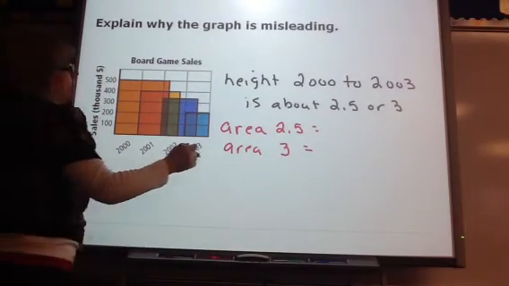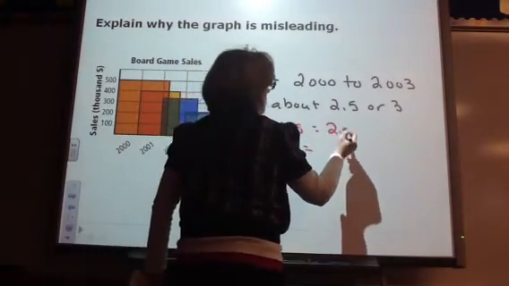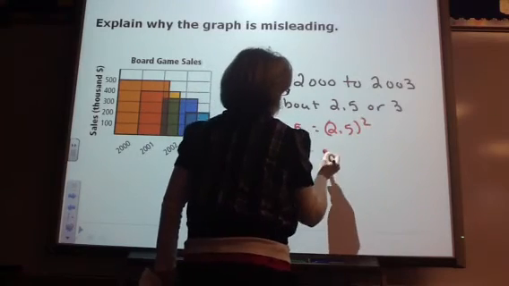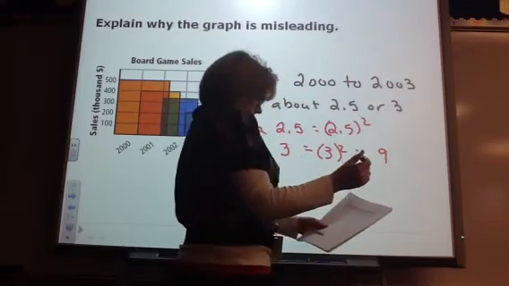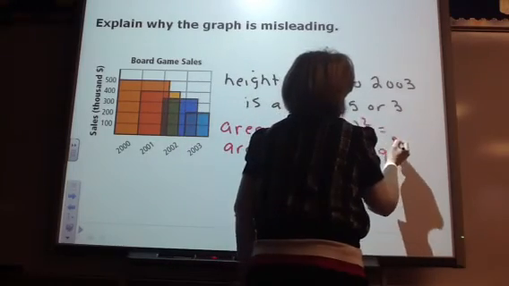So when you take the area of 2.5, you square it. So this is going to be 9, and this is going to be 6.25.